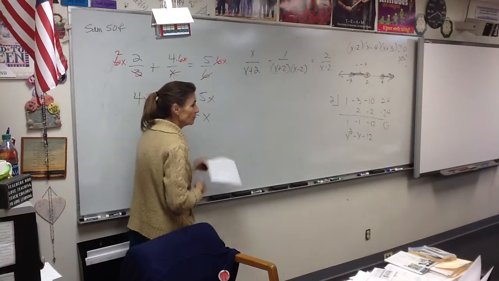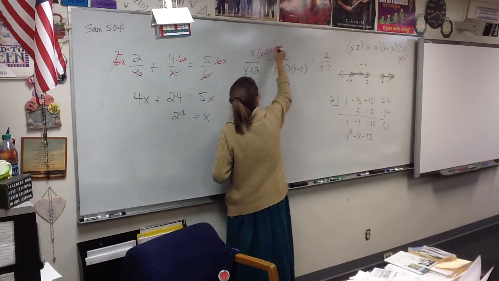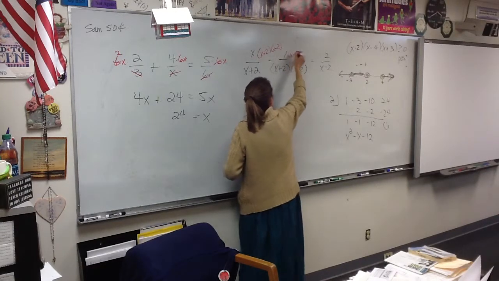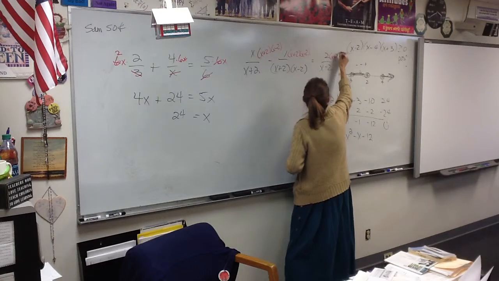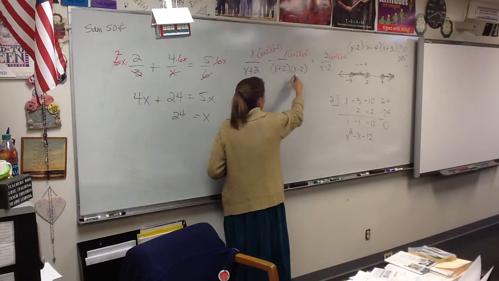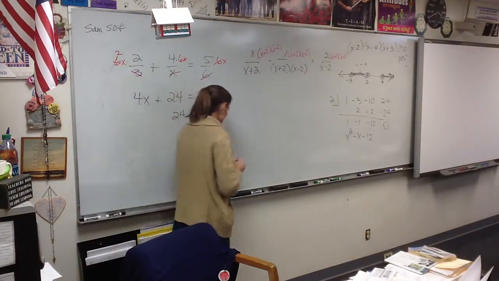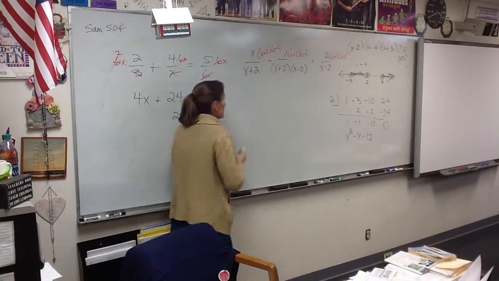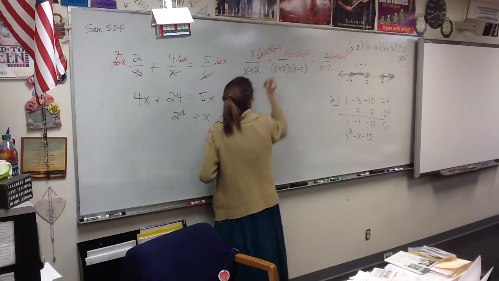I'm going to multiply by an x plus 2 and an x minus 2, because I need to cancel out both an x plus 2 and an x minus 2. Does this do it? Yeah, look, gone.